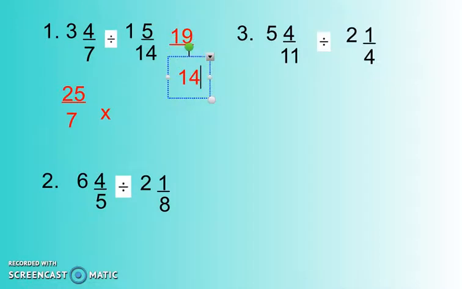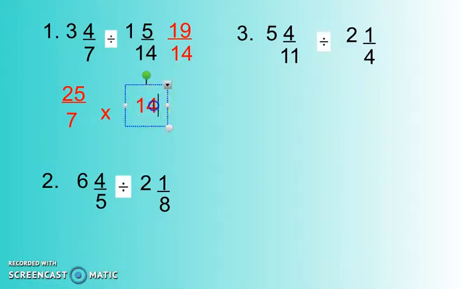Nice job. So if it's 19/14ths, what happens when we switch and change it to its multiplicative inverse, or its reciprocal? It changes, yeah, to 14 over 19. Nice job. And so, is there anything that we can simplify?